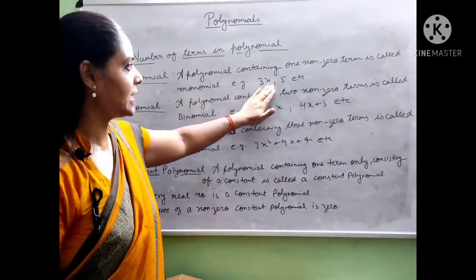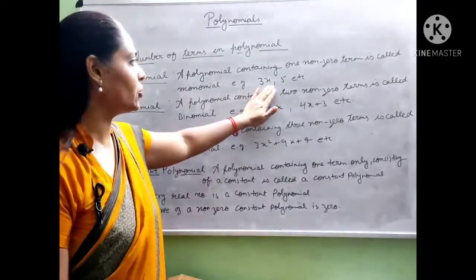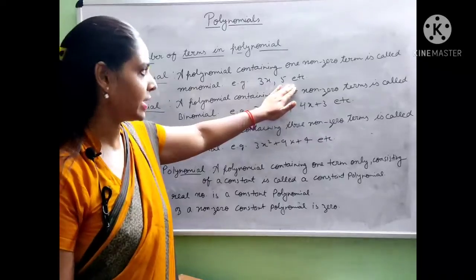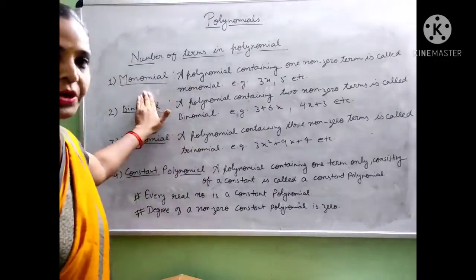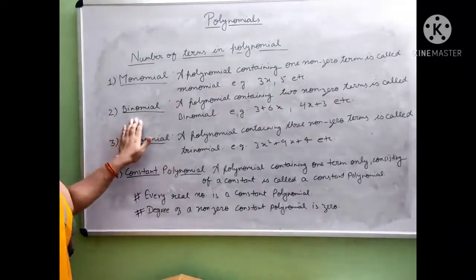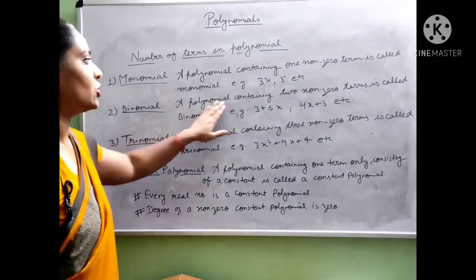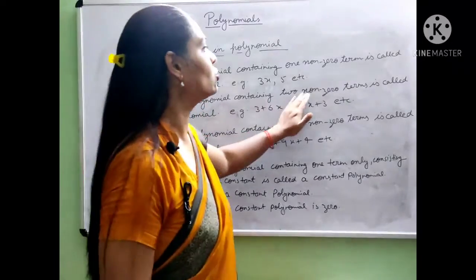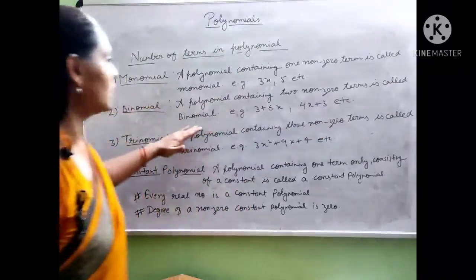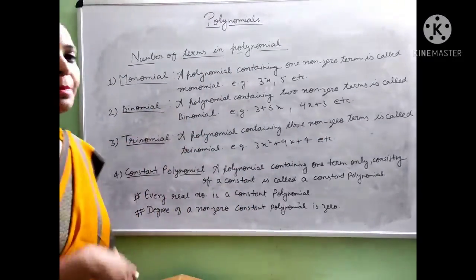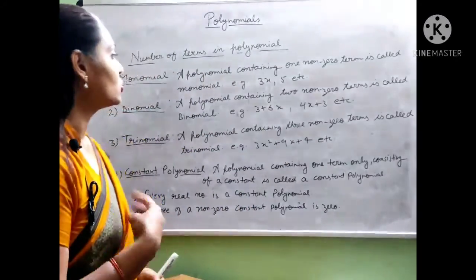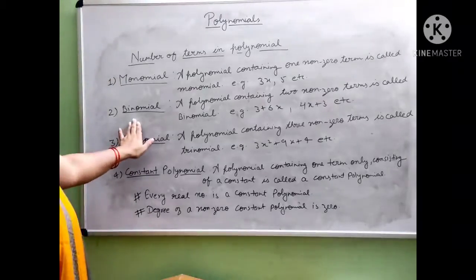For example, 3x is a monomial. 5 is also a monomial. Next polynomial is binomial. A polynomial containing two non-zero terms is called a binomial.